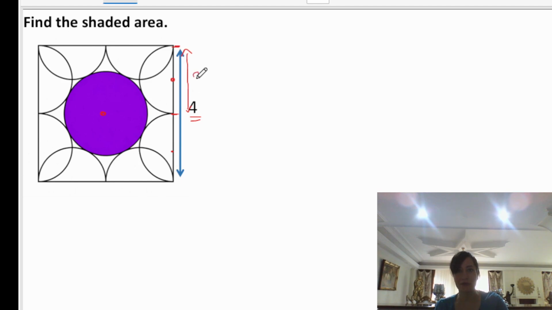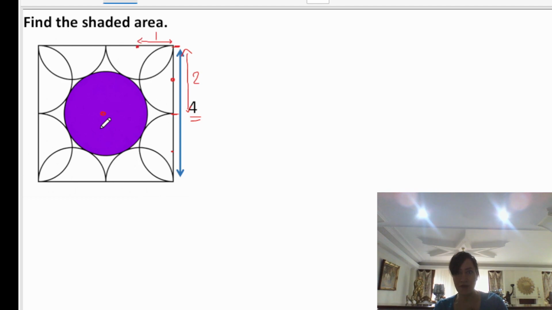So the diameter would be 2, and we know diameter equals twice the radius. So the radius of each semicircle would be 1. Great job. I found the radius of this semicircle.